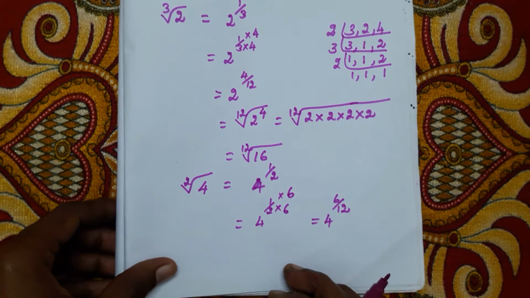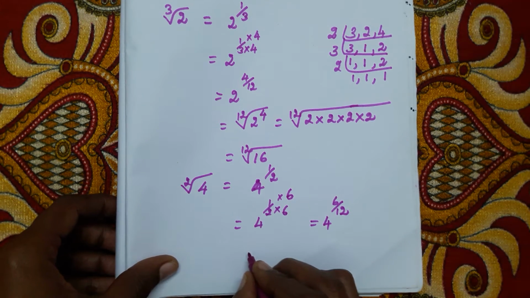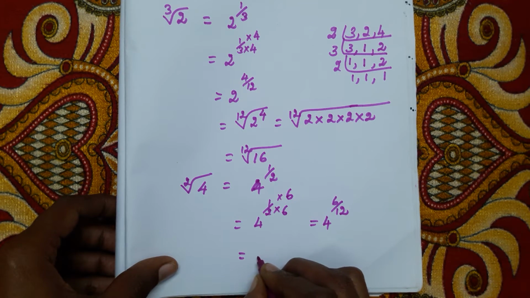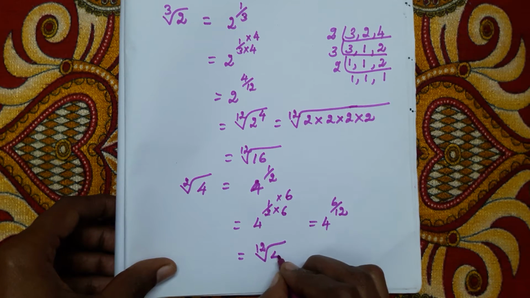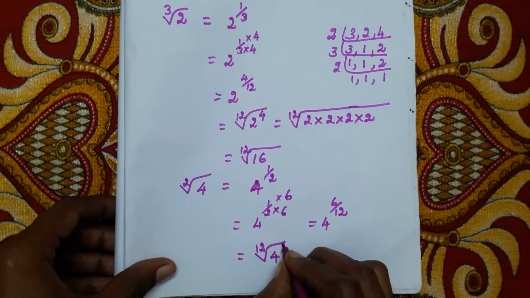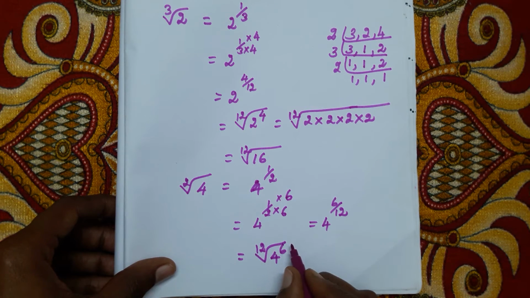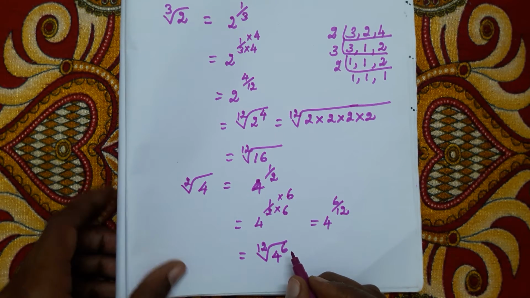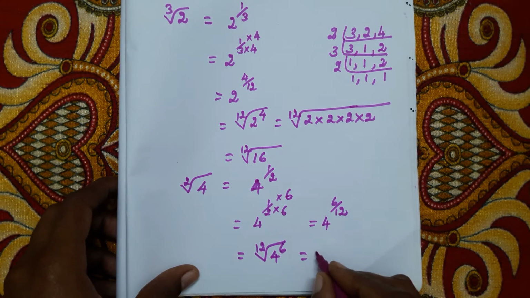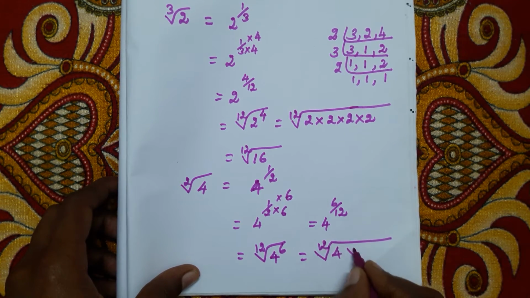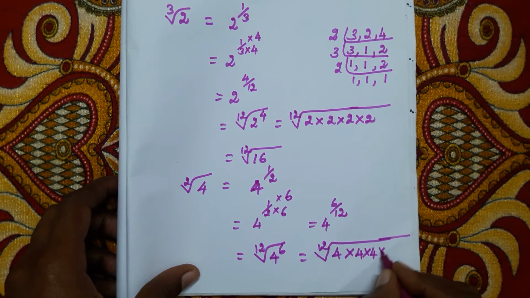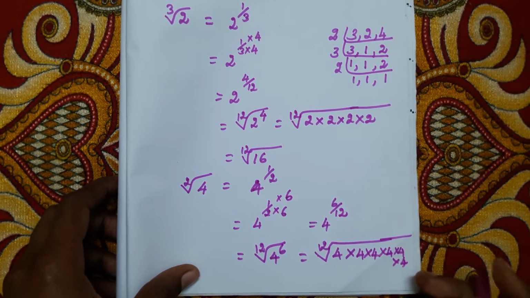How can we write it? 12th root of 4 power 6, which is 12th root of 4 into 4 into 4 into 4 into 4 into 4.